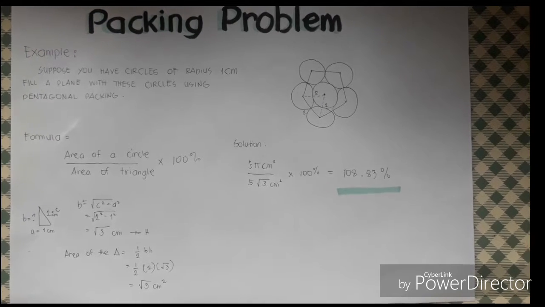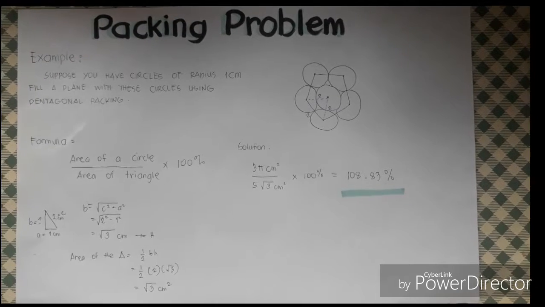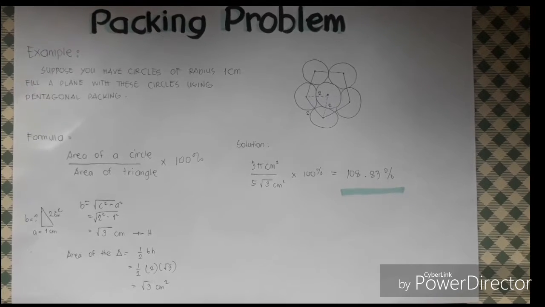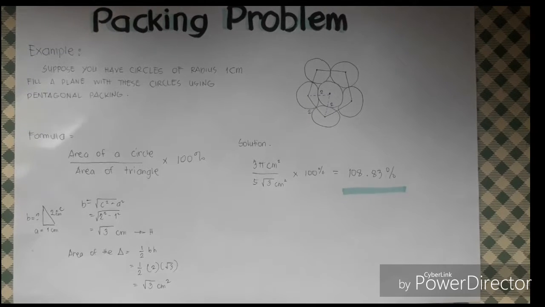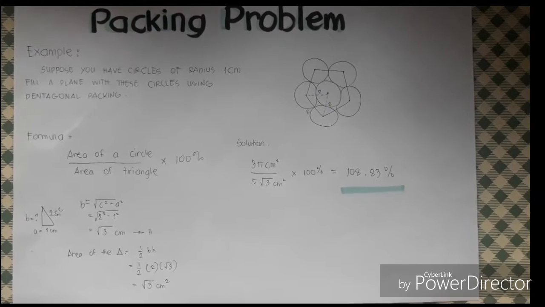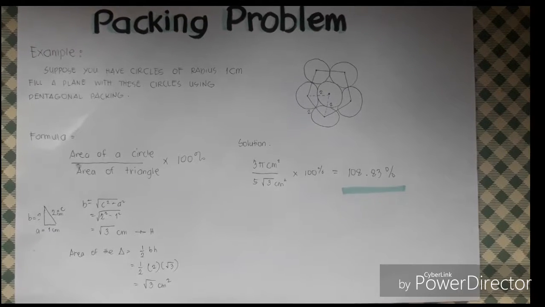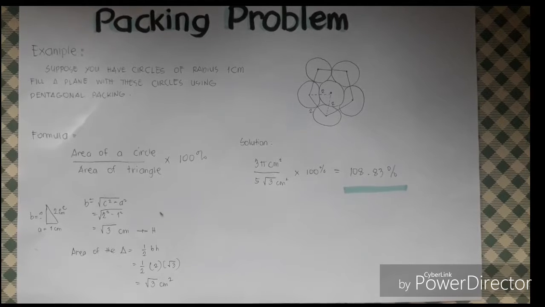Then we come up with the 3 pi centimeter squared over the numbers of side of a pentagon multiplied by the area of a triangle to get the area of the pentagon times 100, and the answer would be 108.83%.